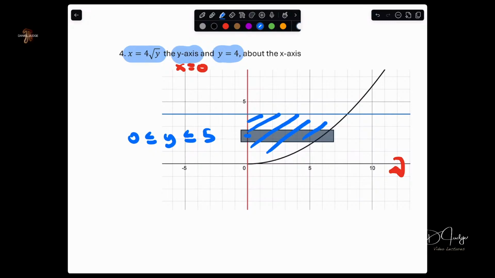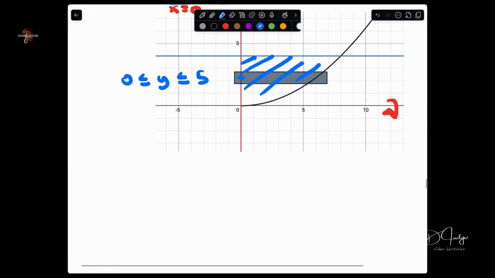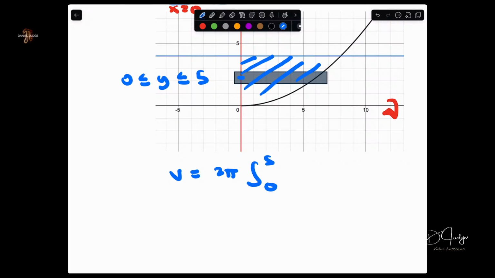Okay, so let's remember our cylindrical shell formula. Volume 2 pi. We're going to integrate from 0 to 5. Let's do it all together here, just in case. It's easier for me to remember 2 pi RH. This will now be rotating about the x-axis. That means this is a dy.